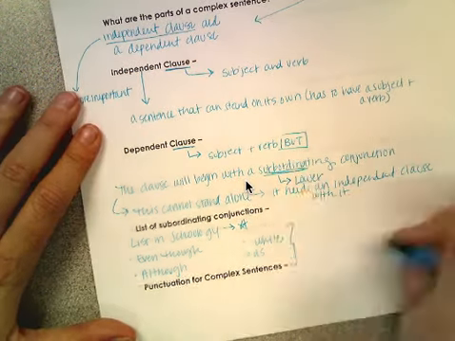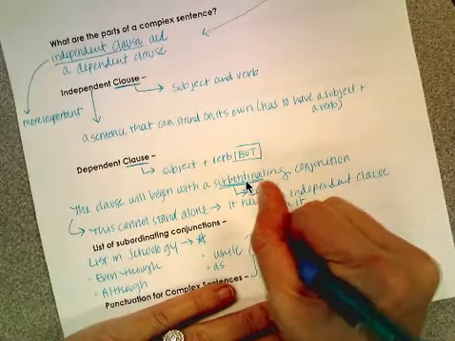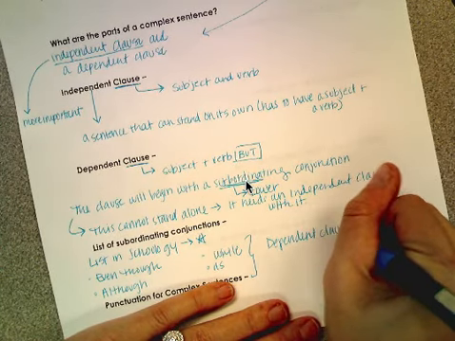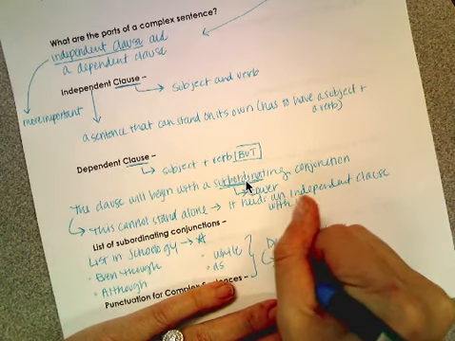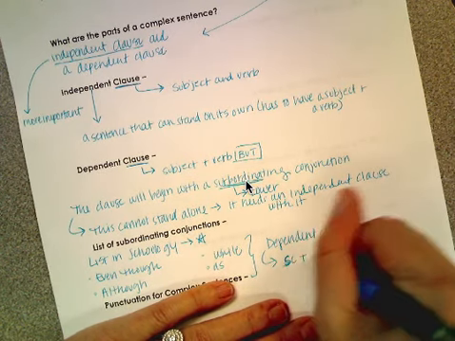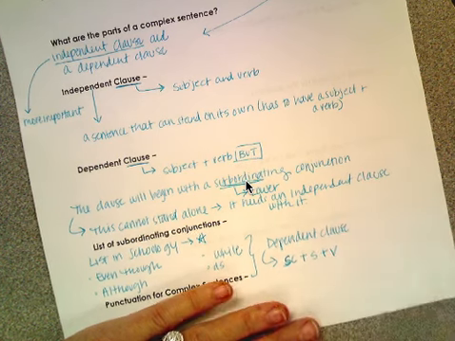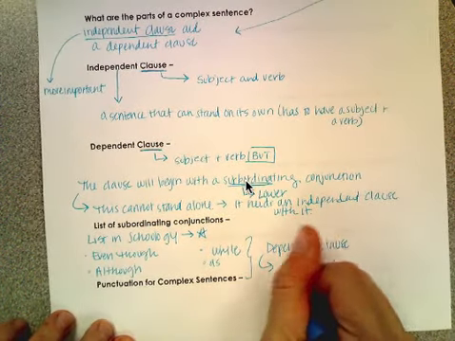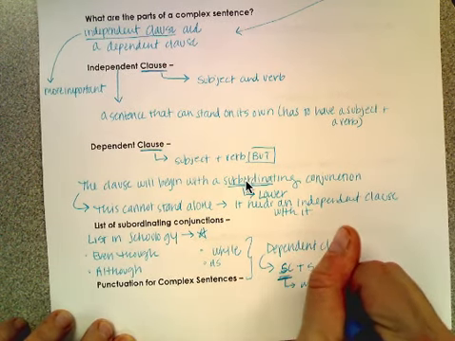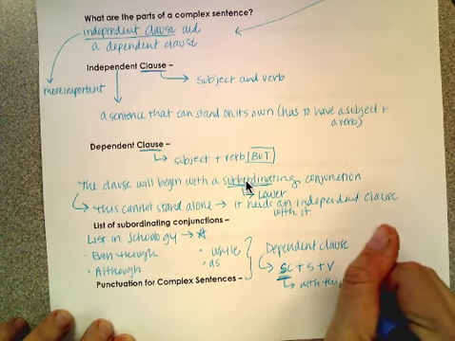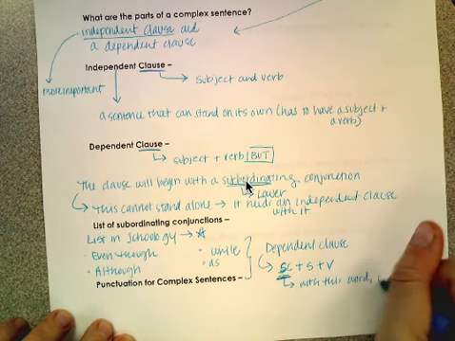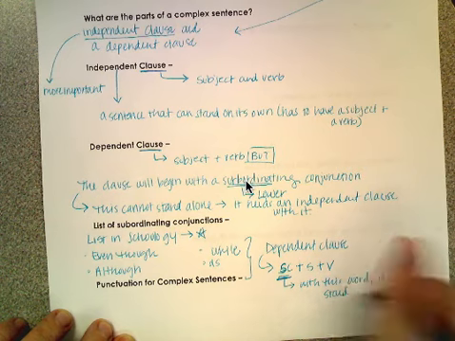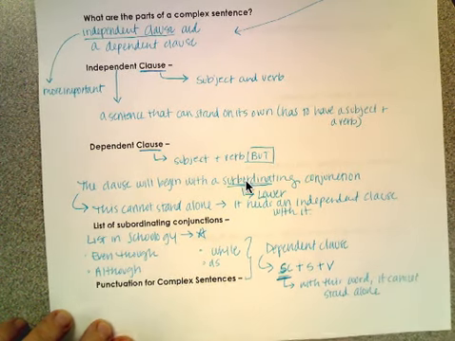When you have a dependent clause, you'll see the subordinating conjunction plus the subject plus the verb. That's really important because with the subordinating conjunction, it cannot stand alone.